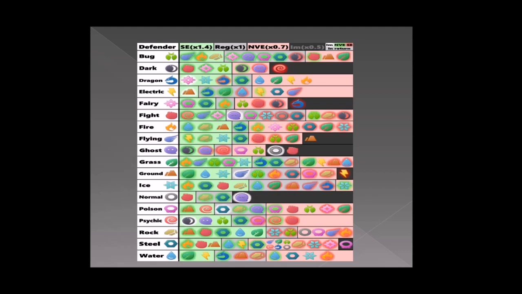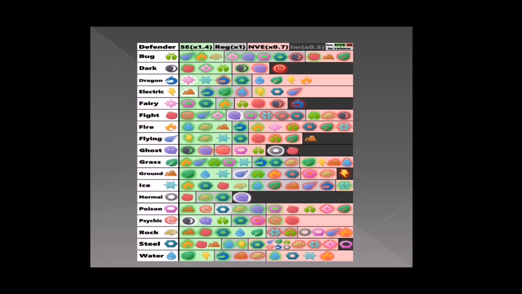But it's not such the case. Okay, as you can see, for example, the bug type is affected by the flying type, the fire type, and the rock type. And they are, again, self-explanatory.